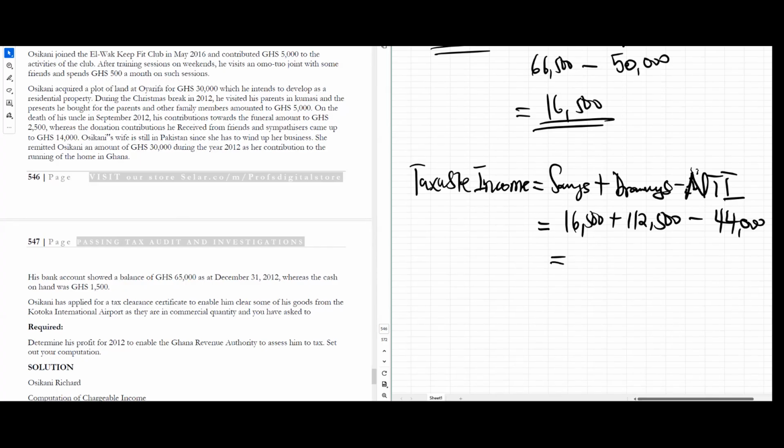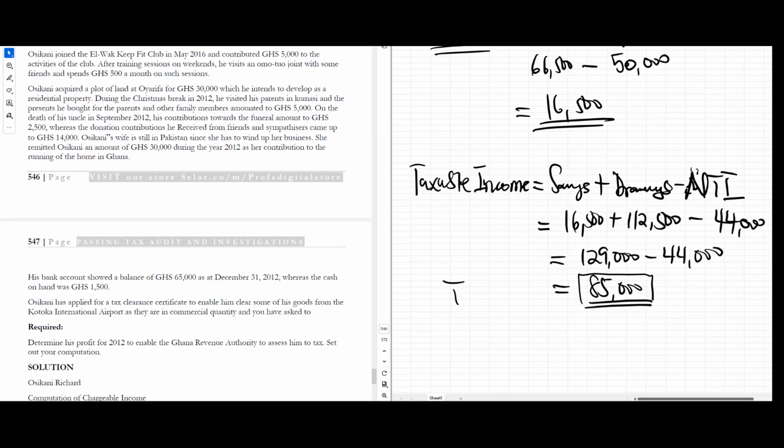So 112,500 plus 16,500 gives a total of 129,000. But out of 129,000, we know 44,000 is not to be taxed. So the taxable income is 85,000 Ghana cedis. So this is what GRA can tax.